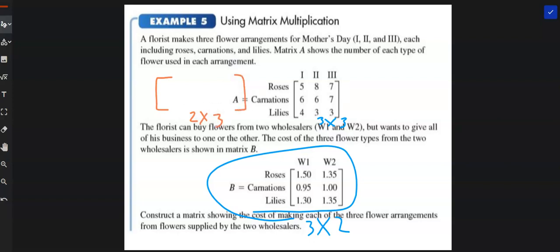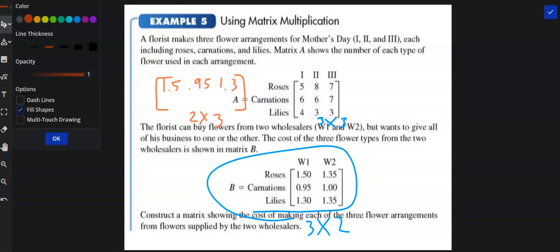And I know you're probably going, well, you can just do that? Well, sure, we can, as long as we keep the information. All we're going to do is interchange the rows and the columns. So 1.5, 0.95, and 1.3.